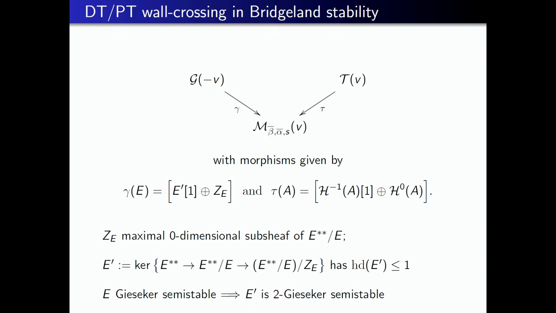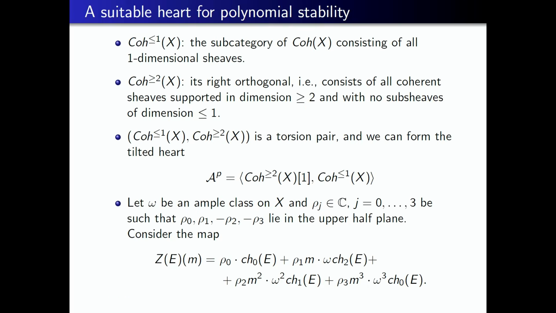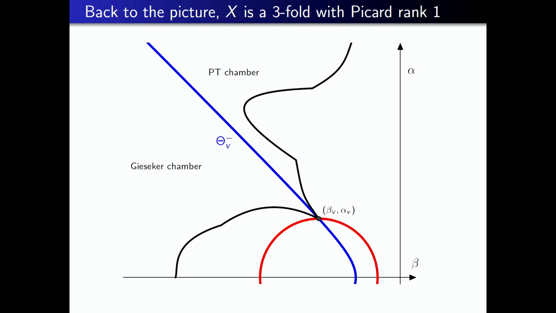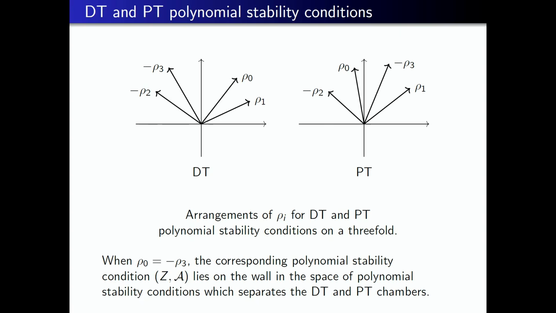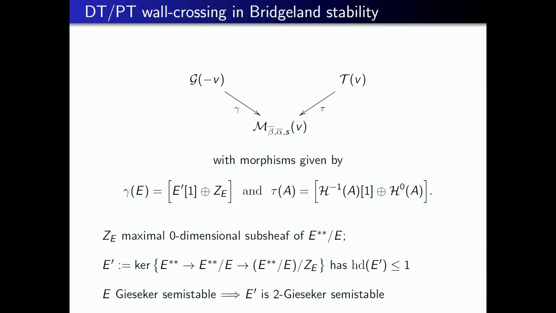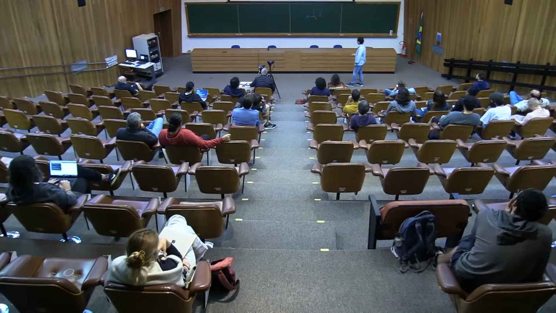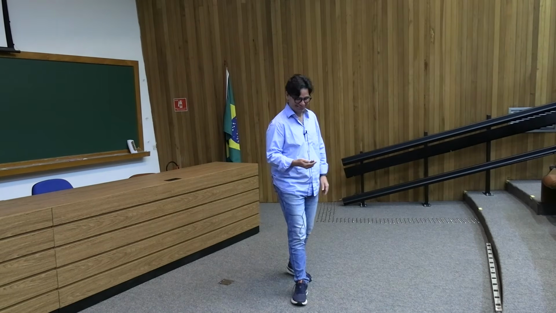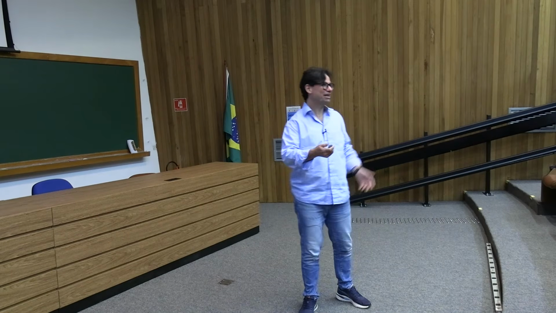So in these chambers, the G is a Bridgeland moduli space here, and the T's are Bridgeland moduli space here, right? And these are birational? No. Okay.